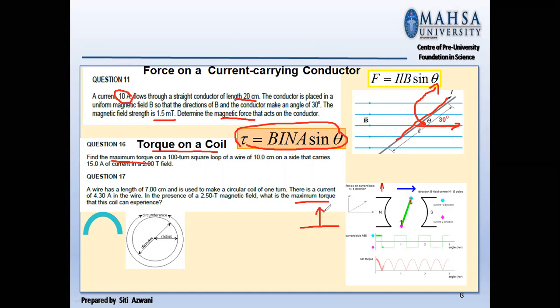Again, let's look. Your torque produced here, for example, you have your circular coil. You have a plane here. Your normal is always 90 degree to your plane.